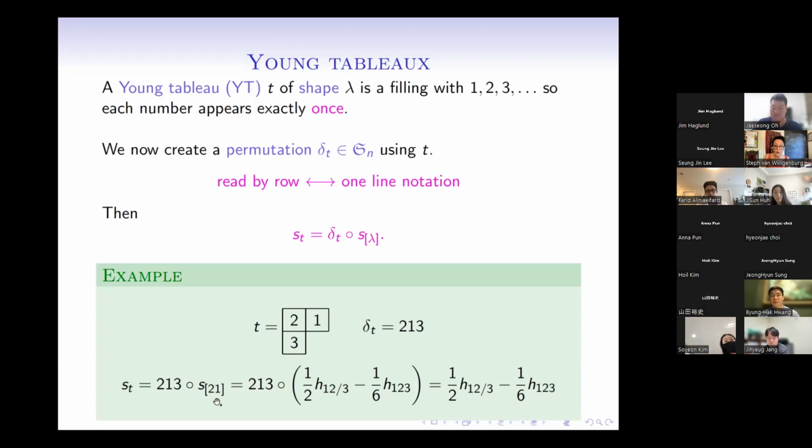Okay. Well, we know what this thing is. We calculated it a few slides ago. It's going to be this thing right here. Now we're going to let this permutation act on this, and this permutation just swaps the numbers 1 and 2. Okay, so let's swap the numbers 1 and 2 here. Nothing happens. So again, we get a half H123. And here, if we swap 1 and 2, nothing happens. So again, we'll get minus a sixth H123.